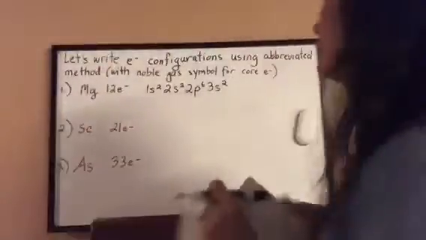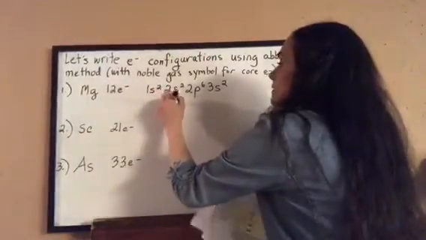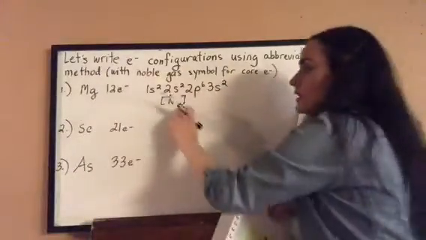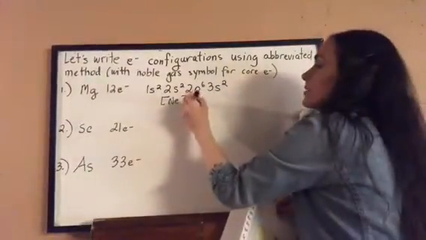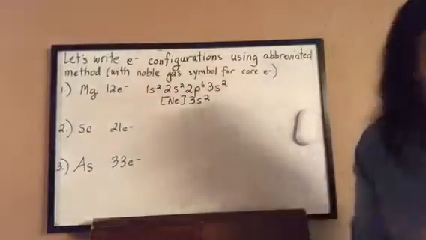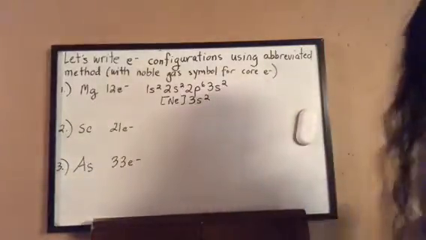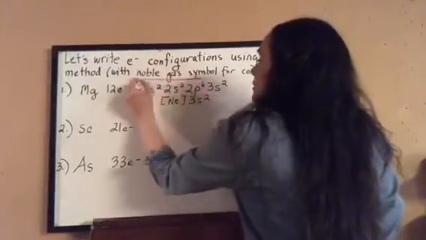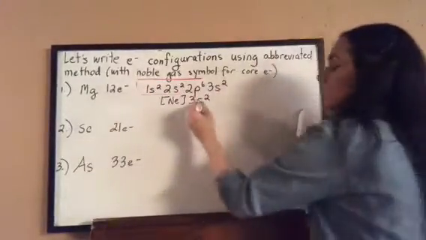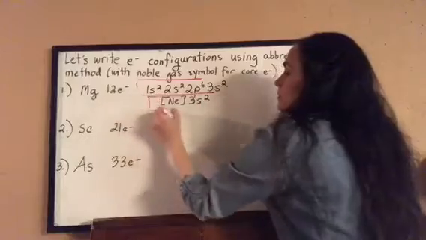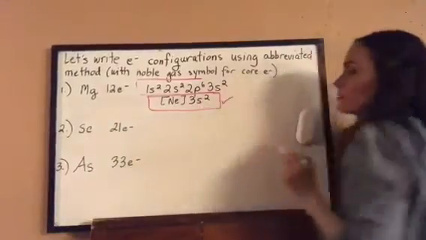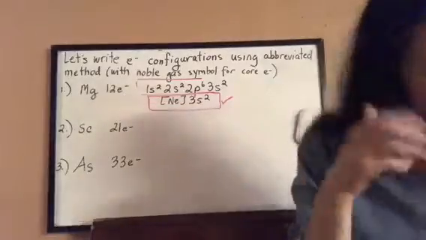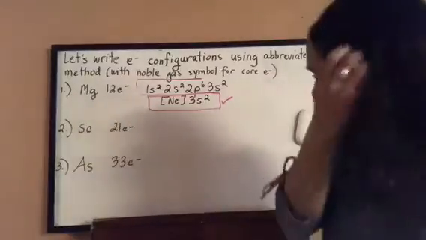So neon would account for 10 of the 12 electrons, the neon core, and then we would have 3s2. So this symbol accounts for 10 electrons, which would account for these individual sublevels here, and then 3s2. So right here, that would be your abbreviated configuration.